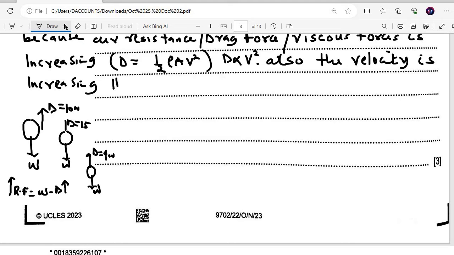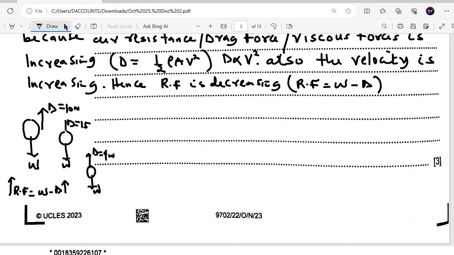Hence, velocity is also increasing. Hence, resultant force Rf is decreasing. Resultant force is the weight minus drag force.